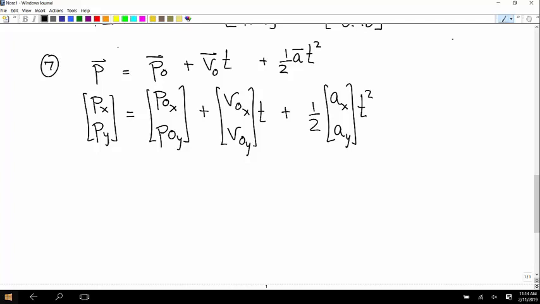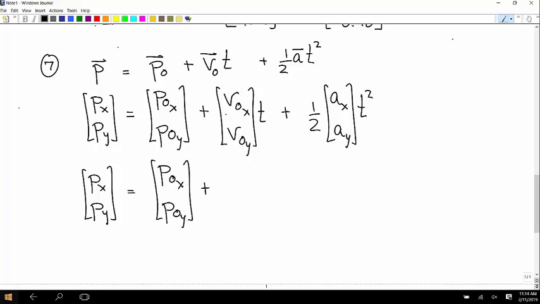So first, I'm going to just use the rules of multiplying vectors by scalars to come up with a vector equation where everything's pulled into the components. So we have Px, Py is equal to P0x, P0y plus, if we multiply this V0x, V0y vector by the scalar t, what's the x component of what we get?